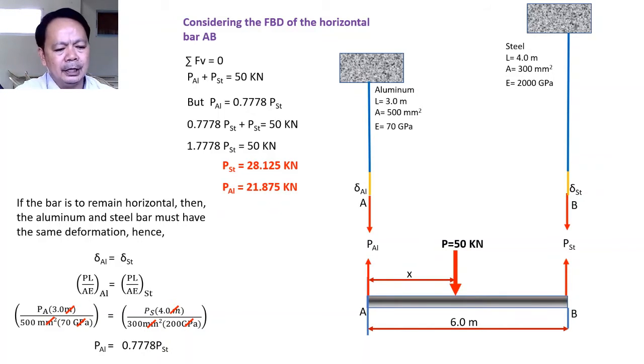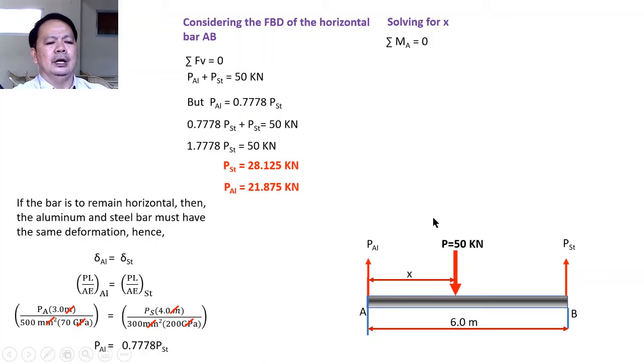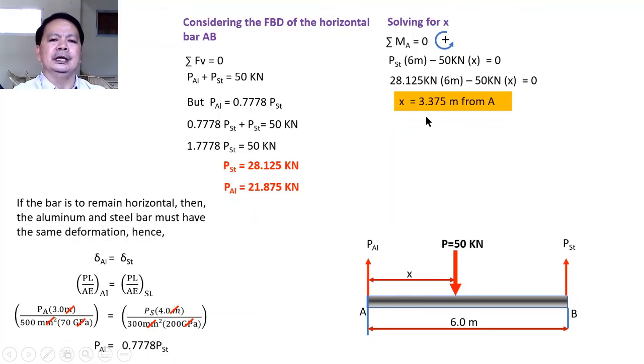So after we have computed the value for the aluminum, we can take the value of the moment, or the x, by applying the other condition of the moment, summing up moments about A equal to 0, so that you can have the formula P of the steel multiplied by 6 minus 50 multiplied by x shall be equal to 0, and from here you can solve for the value of x to be 3.375 meters from A.